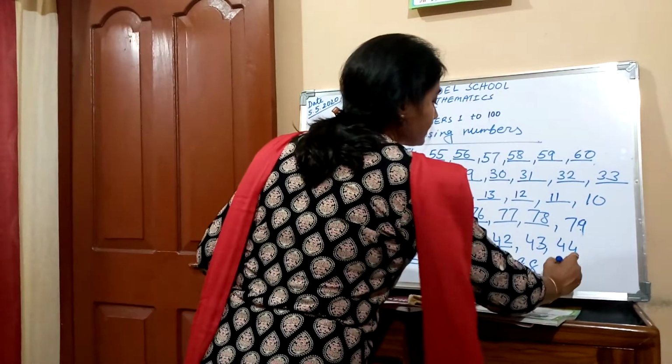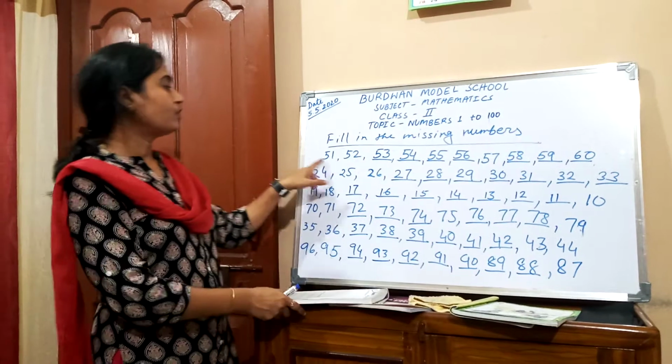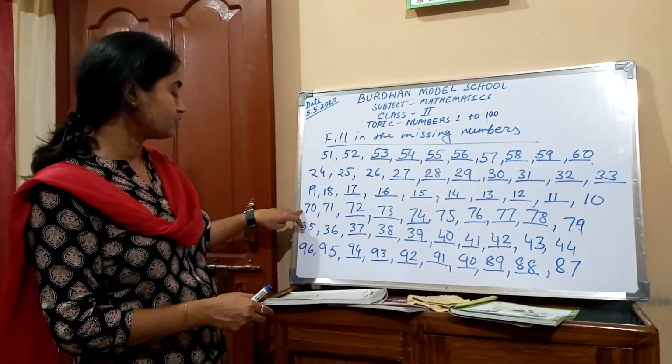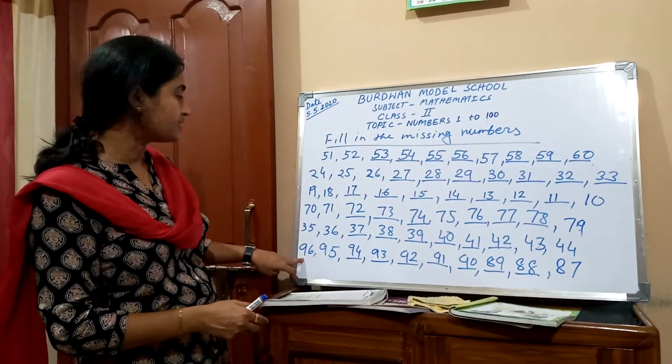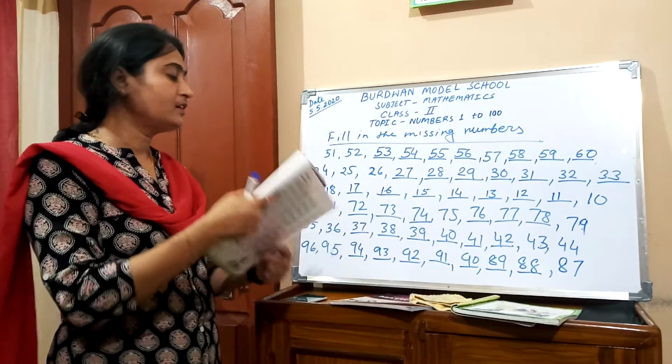Then the last one is given in your book, 87. Okay children, this is forward counting, this is also forward counting, this is back counting, this is also forward counting, and this is back counting. Turn over the page.